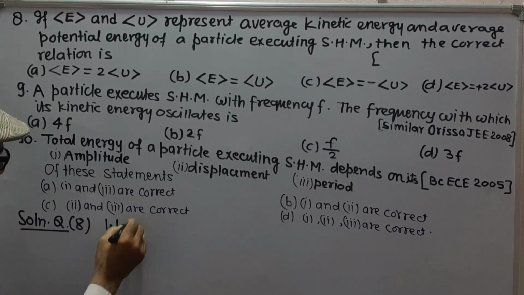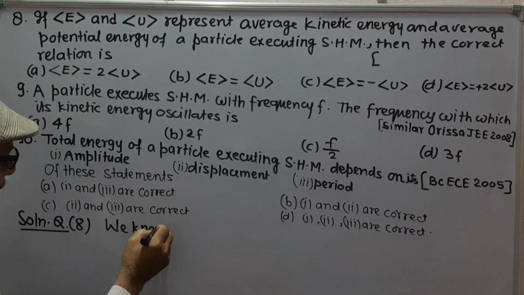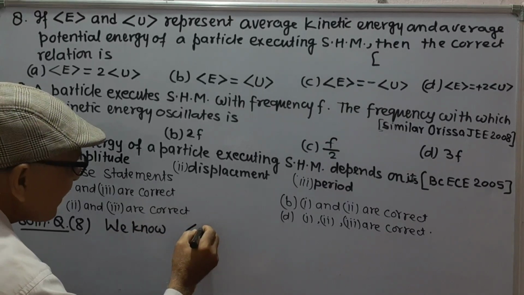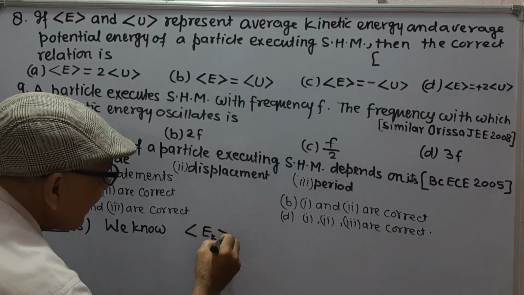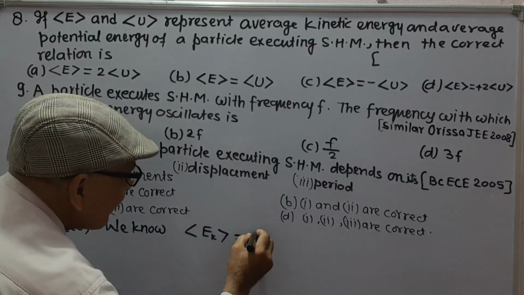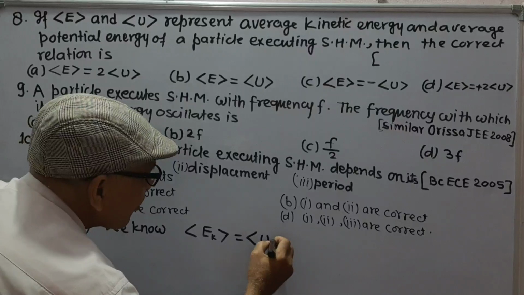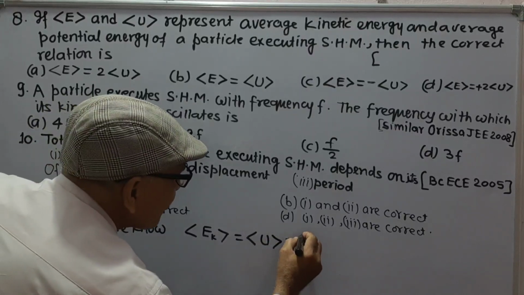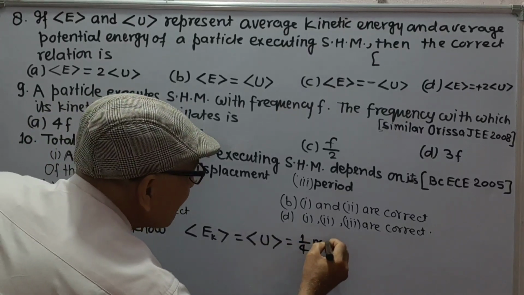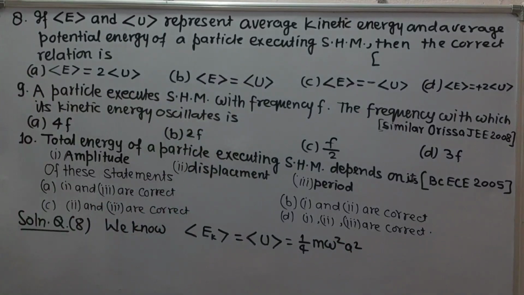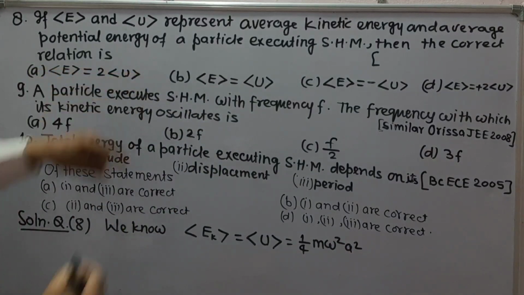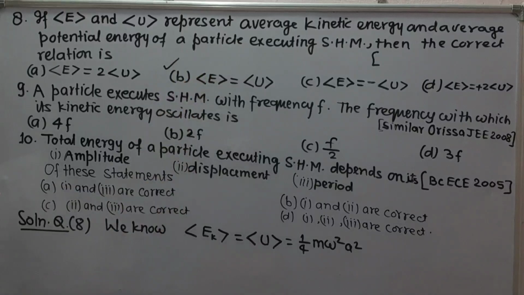We know average of kinetic energy is equal to average of potential energy is equal to 1 by 4 m omega square A square. Therefore, option B is correct.